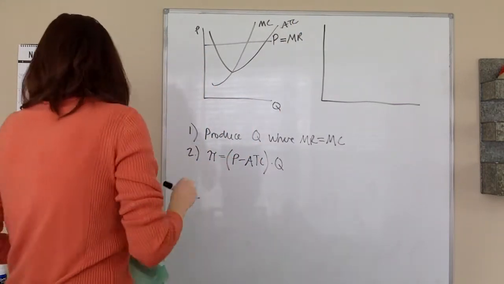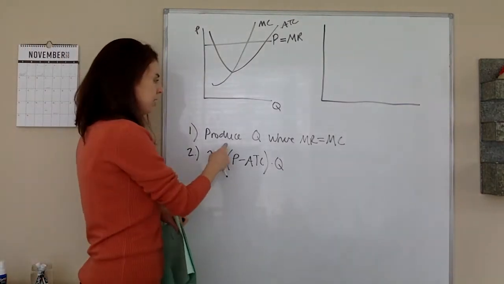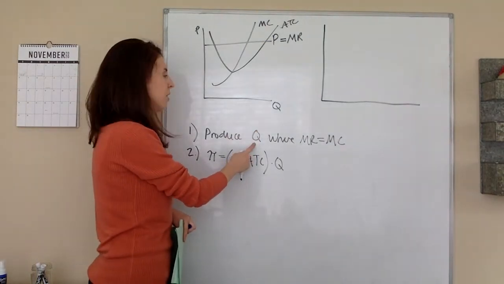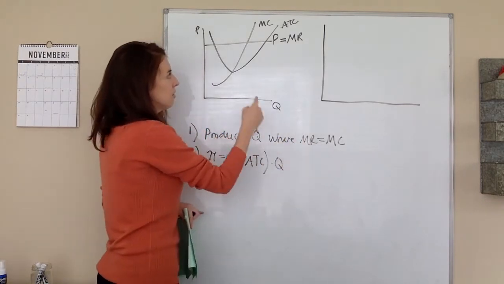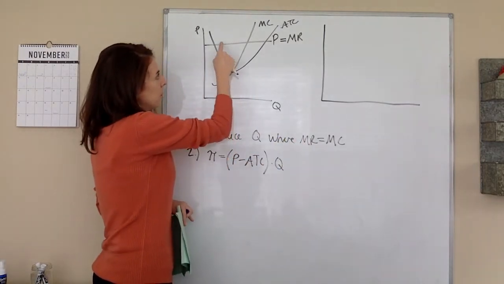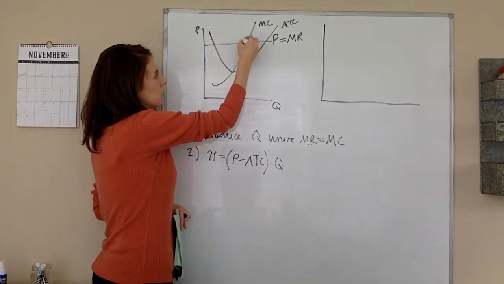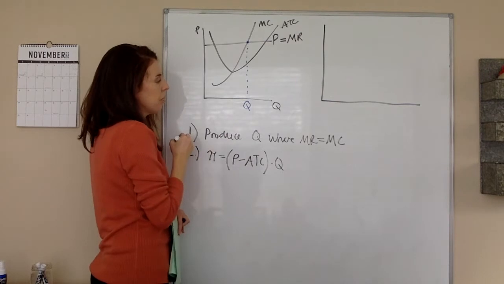In this setup, we put ourselves in the shoes of the concrete manufacturer. What he needs to do first is figure out how much to produce in order to maximize profit. The quantity he's aiming for is where marginal revenue equals marginal cost. In this graph, this is marginal revenue, this is marginal cost. This crosshair tells us the quantity that he needs to produce.